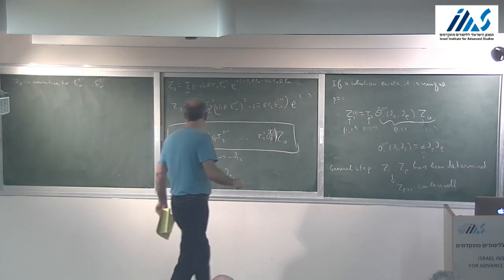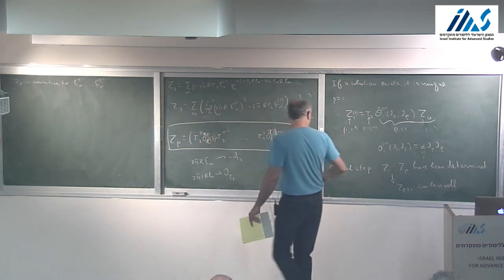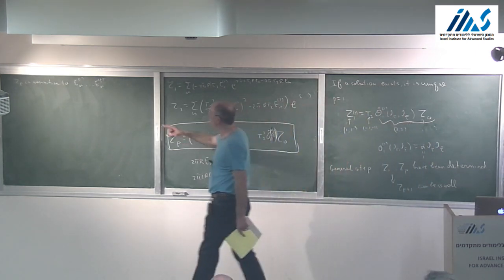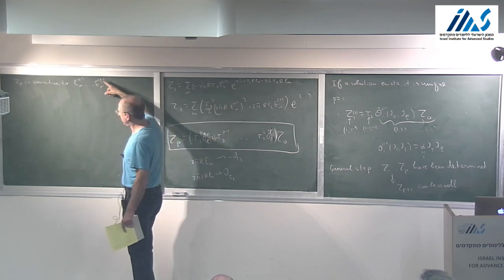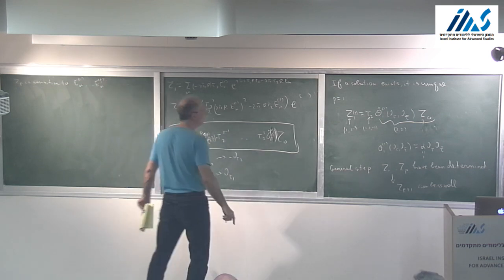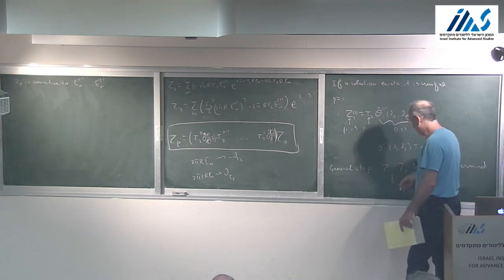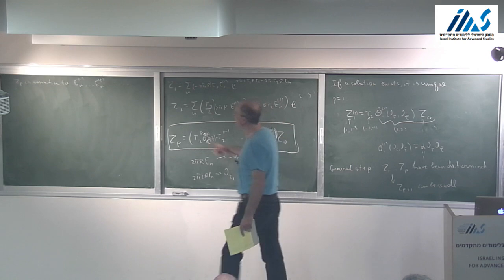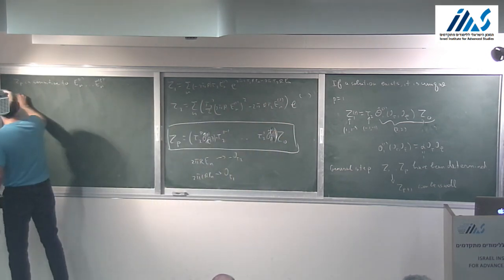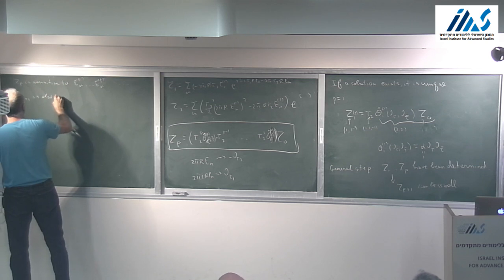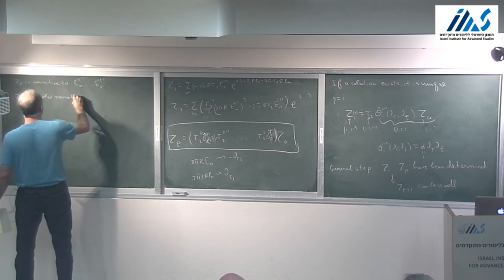The statement that all these z's up to zp have been fixed is the same as the statement that we know all the energy shifts at order 1 up to p. And fixing zp plus 1 is the same as fixing the next one. So zp plus 1 is also sensitive to the next guy.